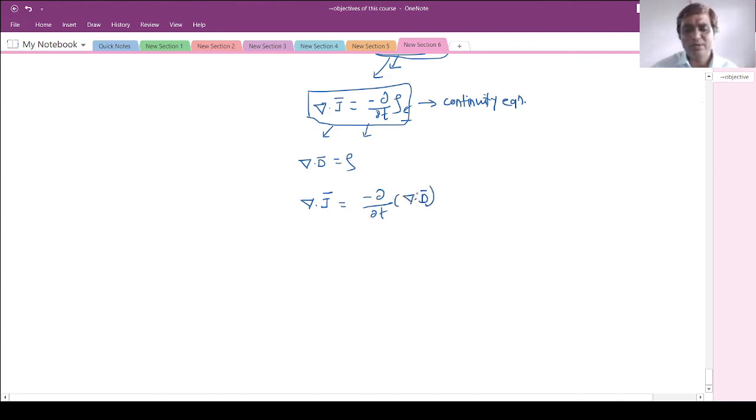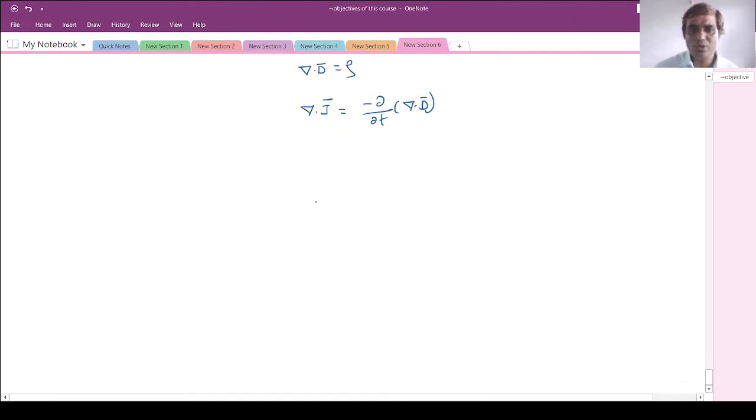From that, I integrate over the volume, so it will be the gradient of J bar plus the gradient of d dt of d bar, for small volume v, equal to 0.